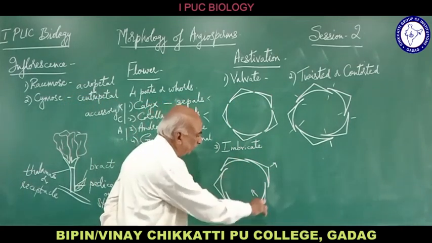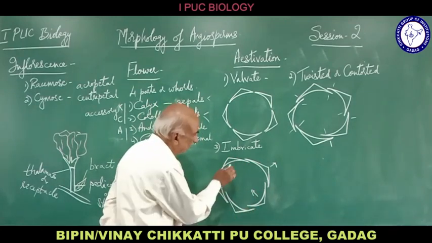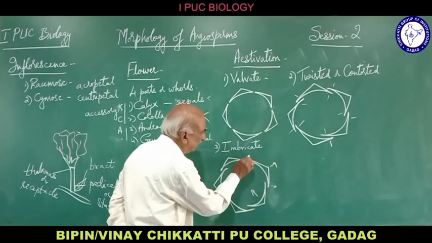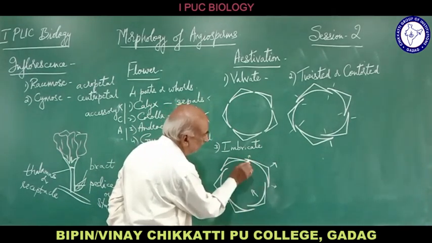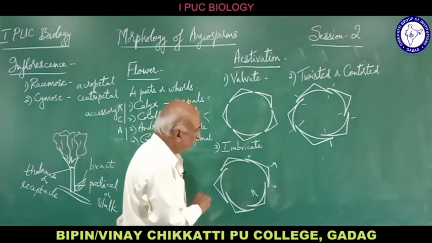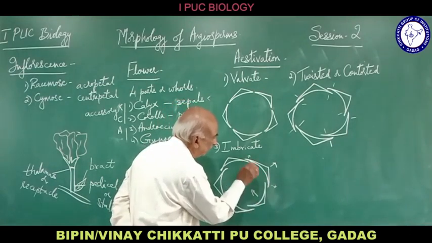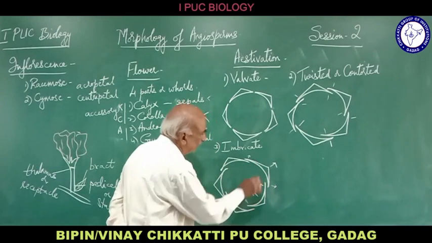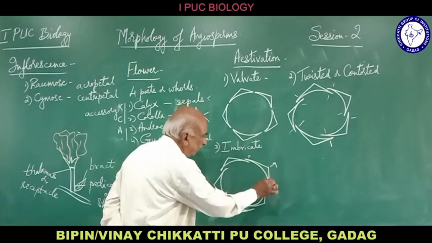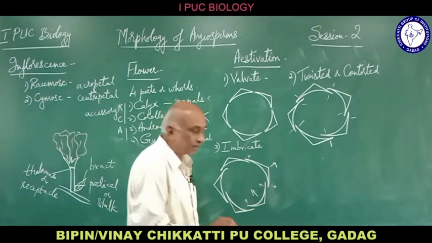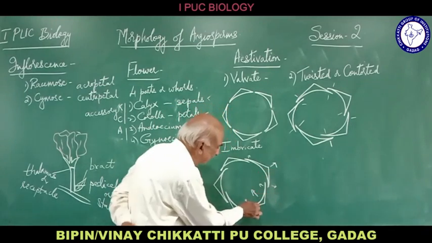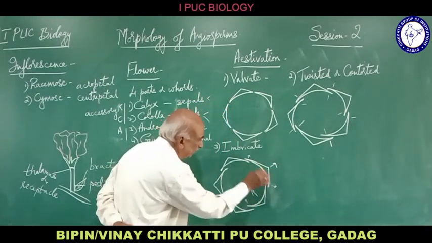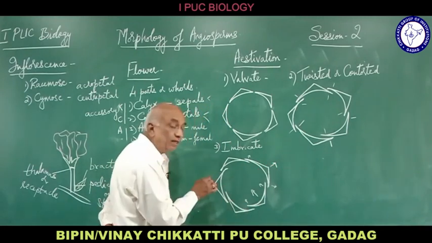See here, there are totally 5 shown. This one has a complete outside arrangement, meaning both edges are outside, and this one is completely inside, both edges inside, but the remaining are twisted.